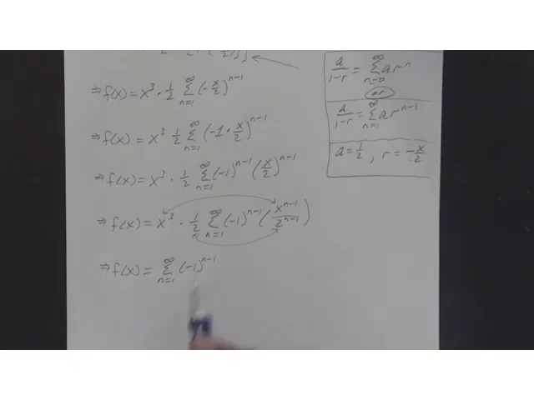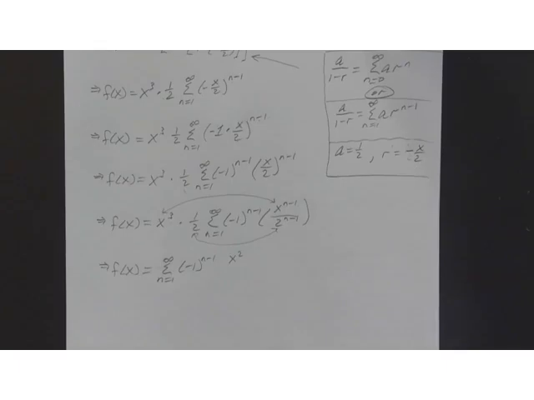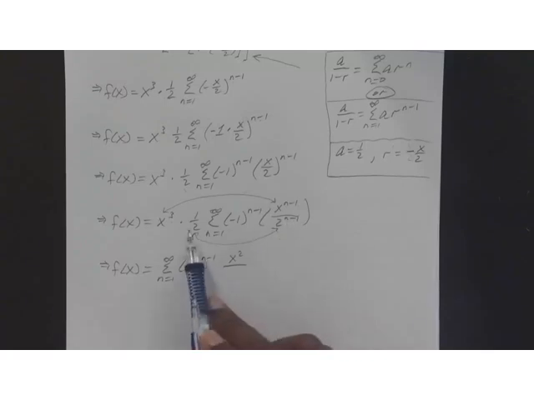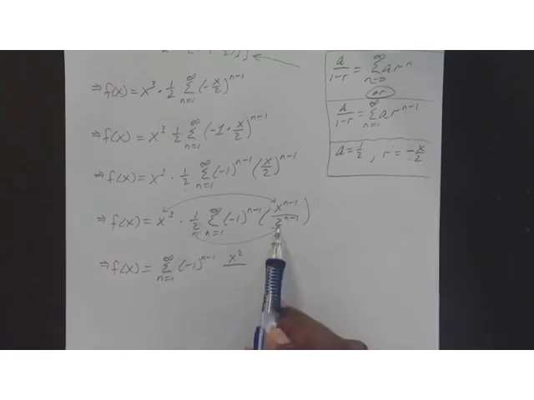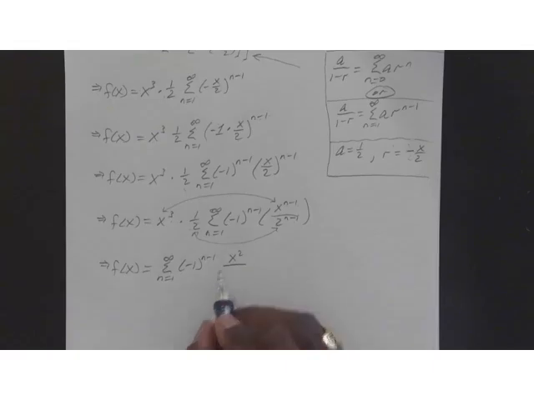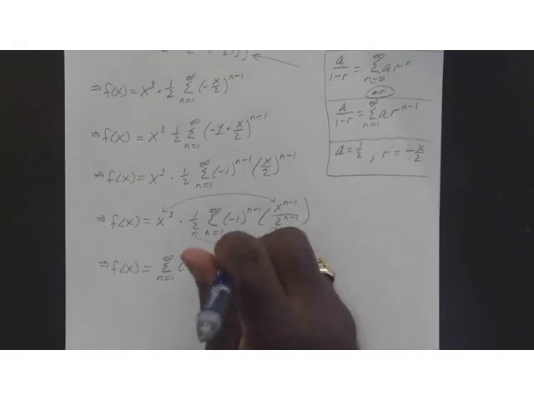So we have x squared, divided by 2 to the power of n minus 1 times 2 to the first power. That's 2 to the power of n minus 1 plus 1. So it's 2 to the power of n. Oh, not x squared. I mean n plus 2.